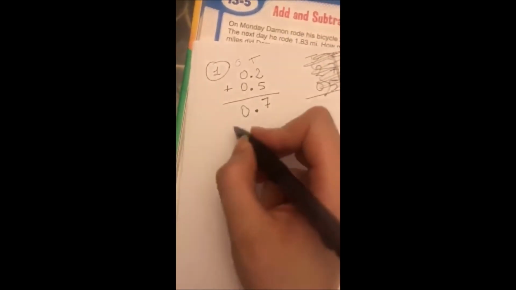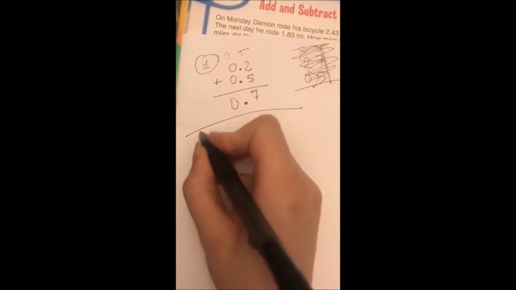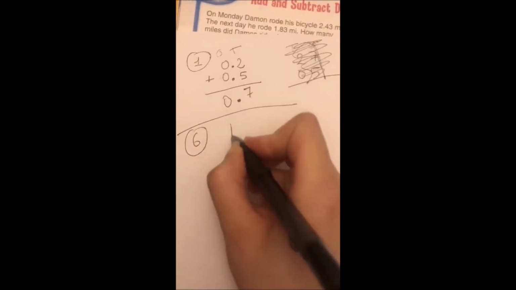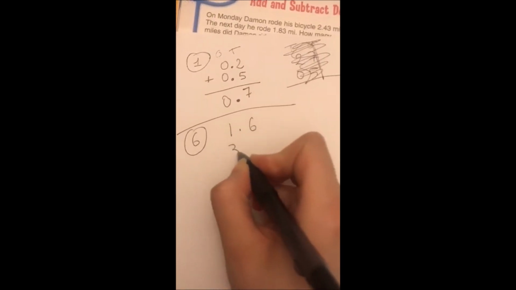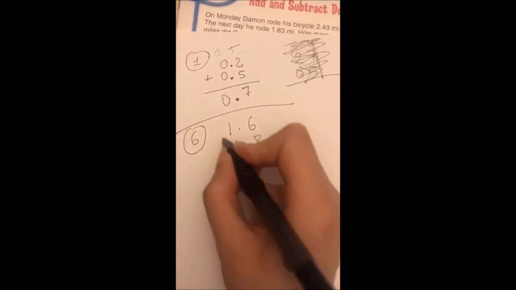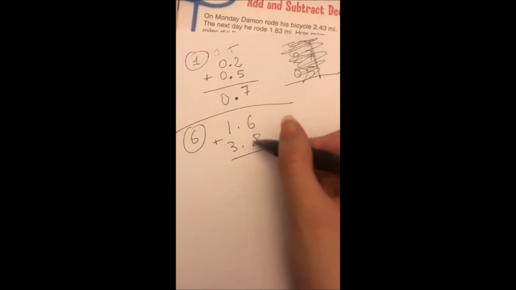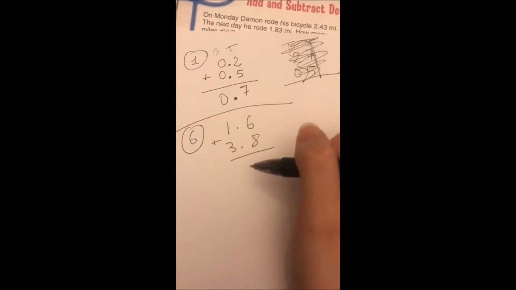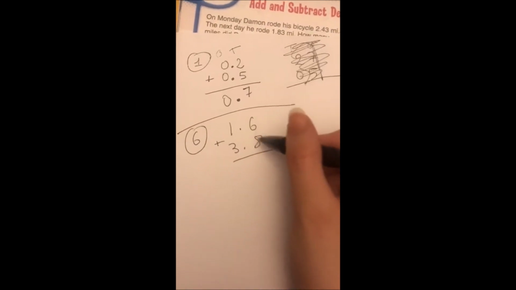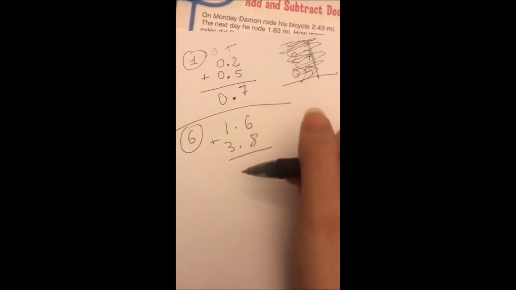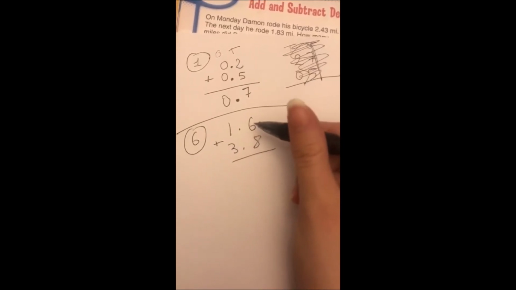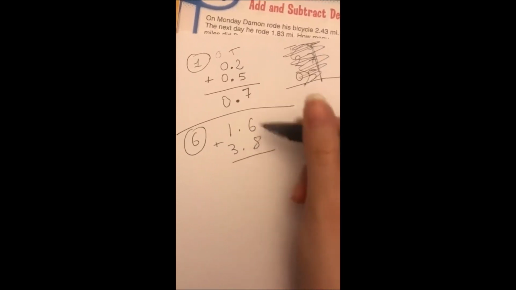Let's do question number 6. We have 1.6 plus 3.8. What we will do, we're gonna add the 8 plus 6. So 8 plus 6, remember, you put the big number in your mind, you count until you reach the other number on your fingers, which is the 6.